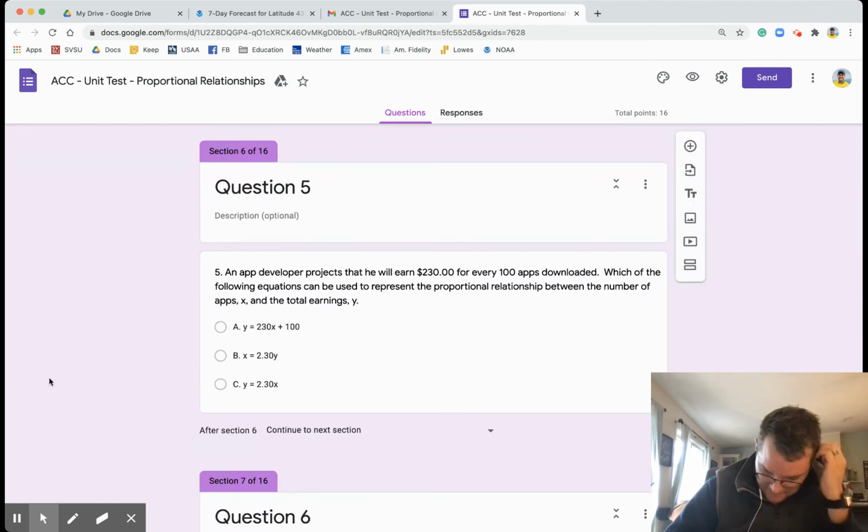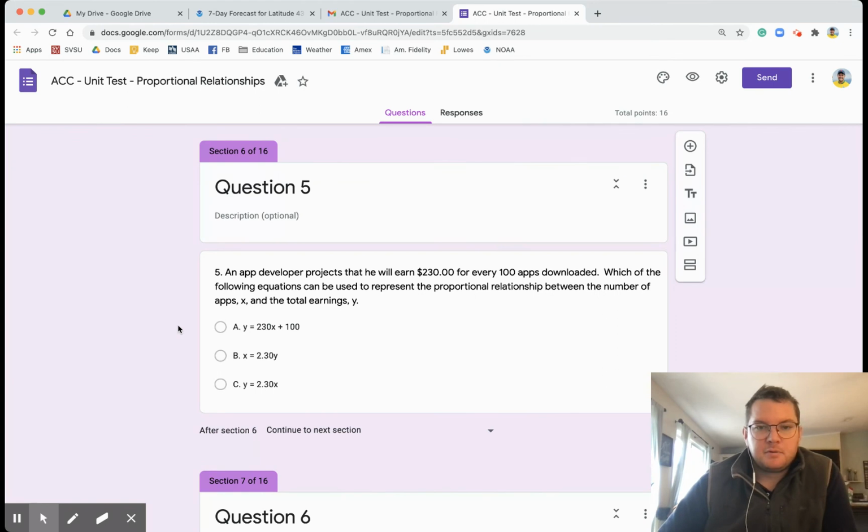Question 5. An app developer projects that he will earn $230 for every 100 apps downloaded. Which of the following equations can be used to represent the proportional relationship between the number of apps, X, and the total earnings, which is Y? So for this, guys, you're going to take Y over X again. You just need to figure them out.